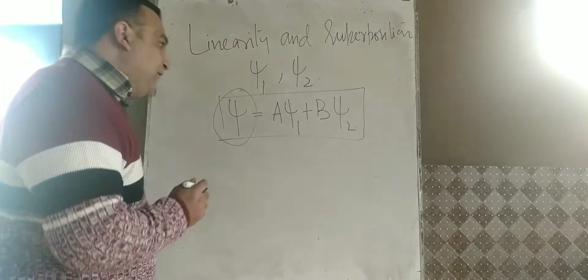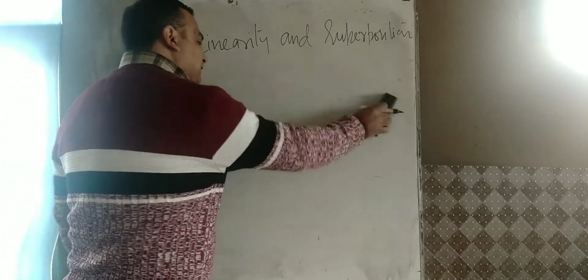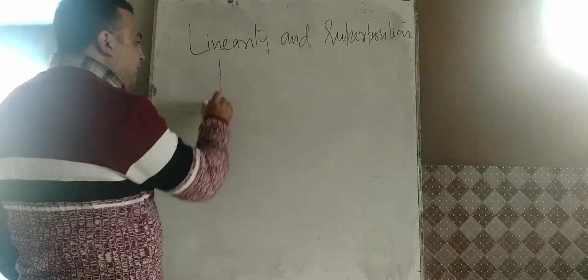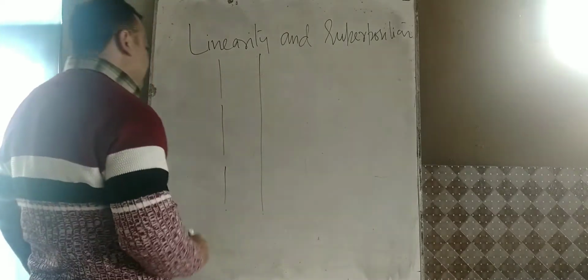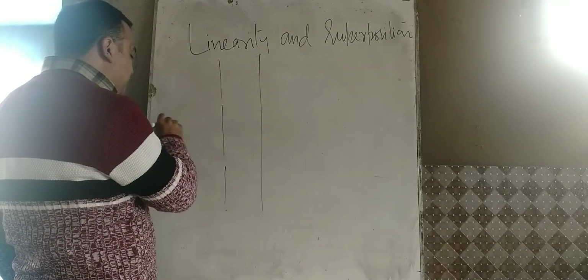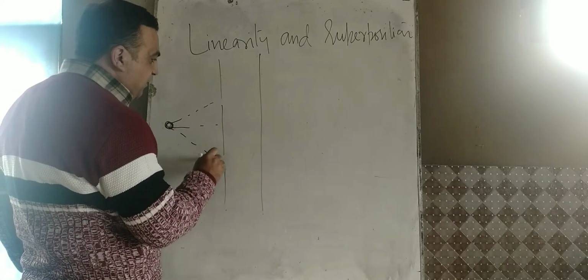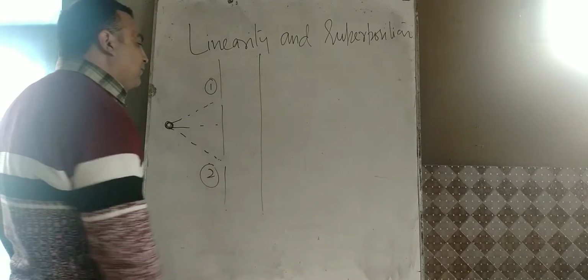Now, if we choose a simple situation out here, like a double slit experiment for electrons. Suppose this is the screen, and I have a source here giving monoenergetic electrons. This is slit 1 and this is slit 2.